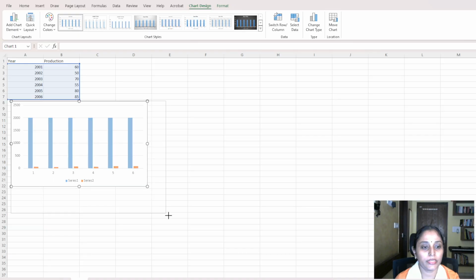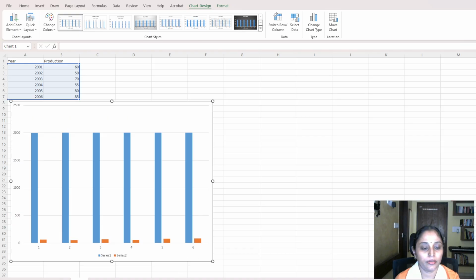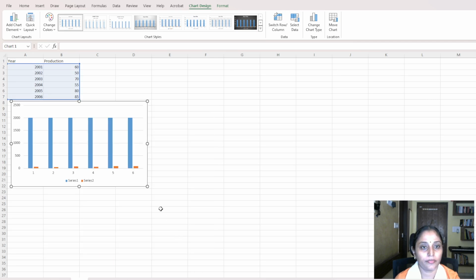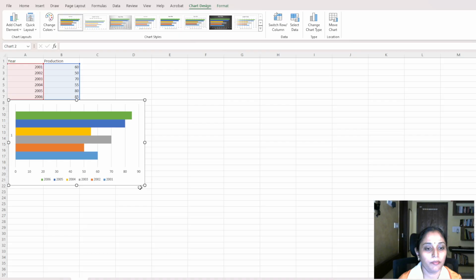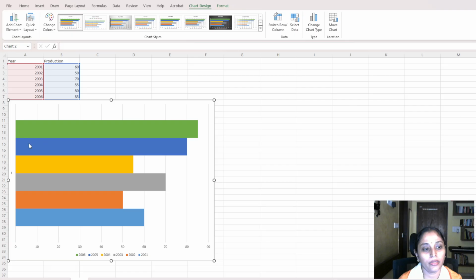So here you can see, sorry, earlier it took it as a double bar graph. Now here you can see, yeah, here you have the bar graph. It's taking horizontal bars because the data is given in that way.